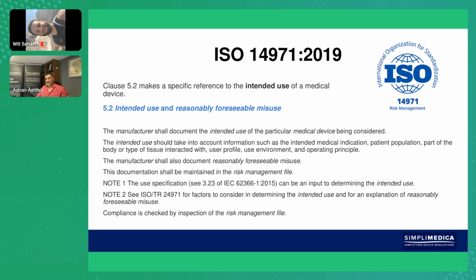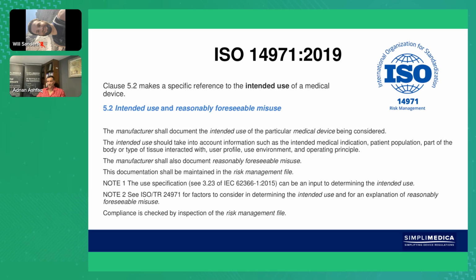The number of times I've had to point many of my clients towards ISO 14971, and there's a note under 5.2 which mentions some of this information that should be included in the intended use. It states that the manufacturer shall include the intended use of the particular medical device being considered.